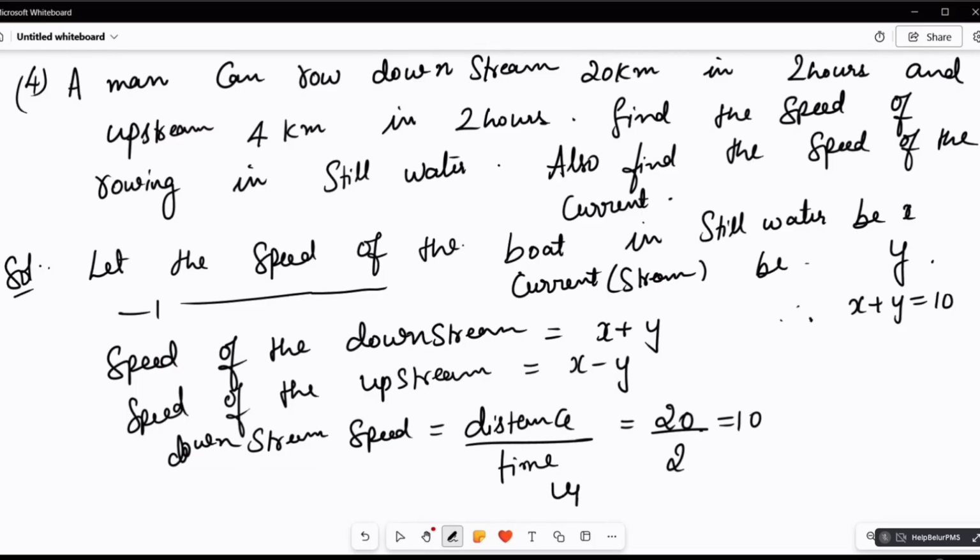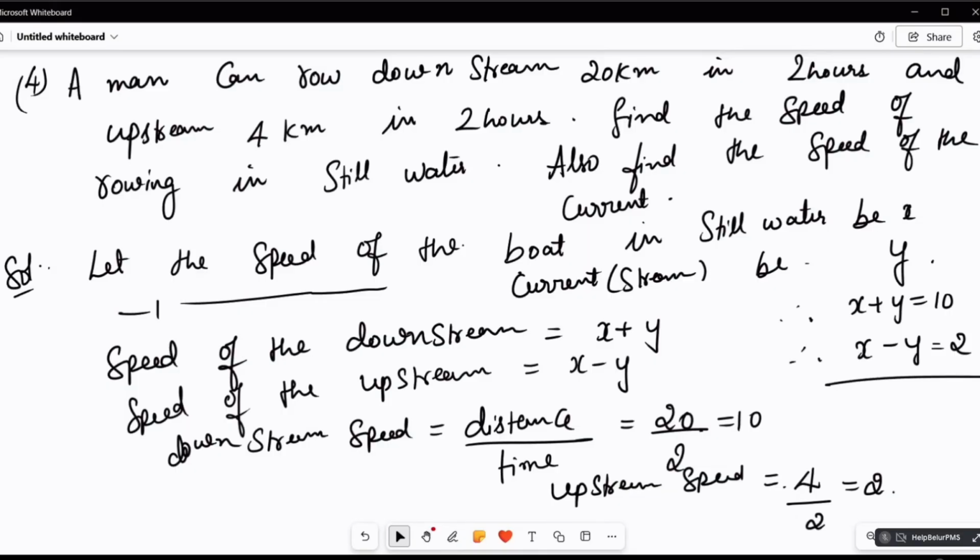Then in upstream, speed is equal to 4 by 2. That is 2. Therefore, x minus y is equal to 2.